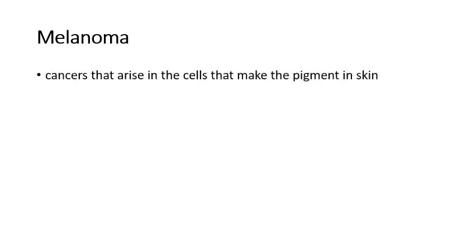Now a melanoma. Melanoma is a cancer that forms in the pigment producing tissues of the skin. So skin cancer would be a sarcoma because it's going to be in the epithelial lining, where melanoma is going to be a cancer that arises deep within the layers of the skin in those cells that produce the pigment.